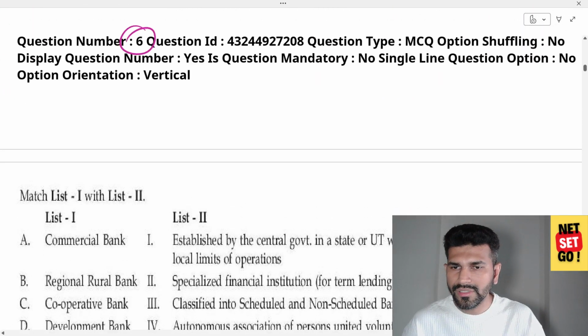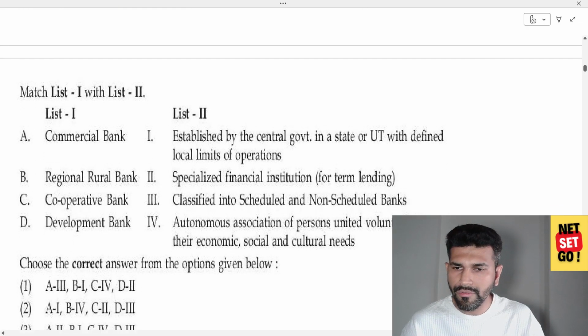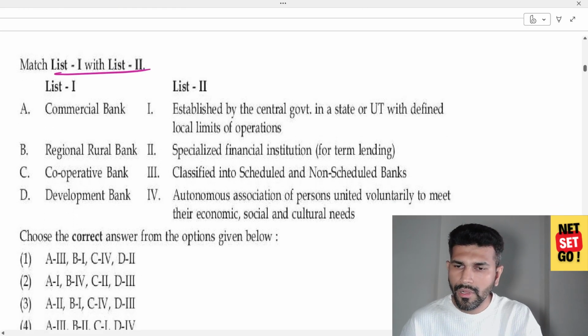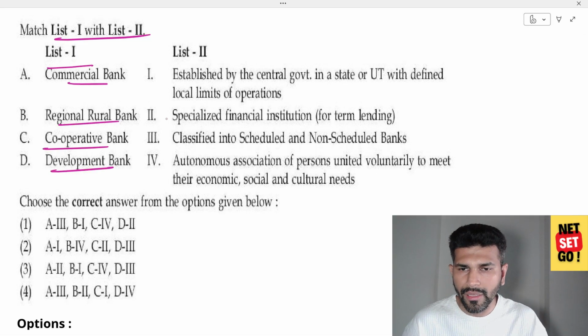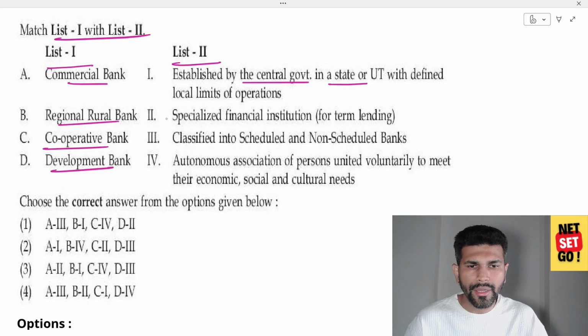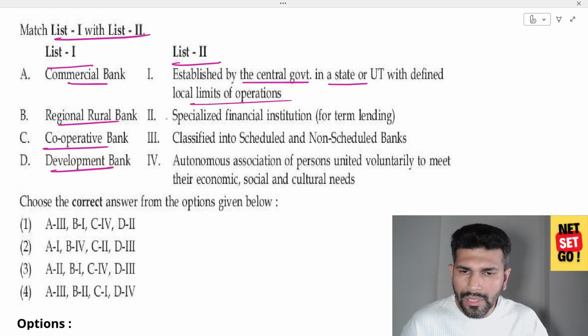Next, question number 6. Match list 1 and 2. List 1: commercial bank, regional rural bank, cooperative bank, development bank. List 2: established by central government in a state or UT, union territory, with defined local limits of operation. Specialized financial institution for lending is a development bank, so D2.